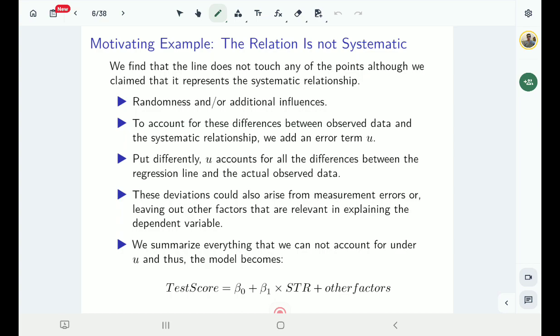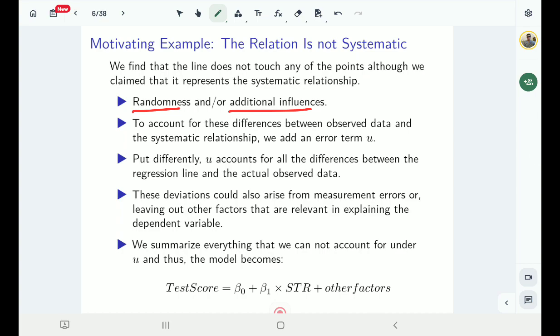So why is that? Why do we have deviations from the perfect line? I mean, that might be due to, for example, randomness, or maybe the relationship is not bivariate at all. Maybe there are some other influences that we overlooked, right? For example, background of students may play a role in their performances. Those are basically additional influences that we did not account for.